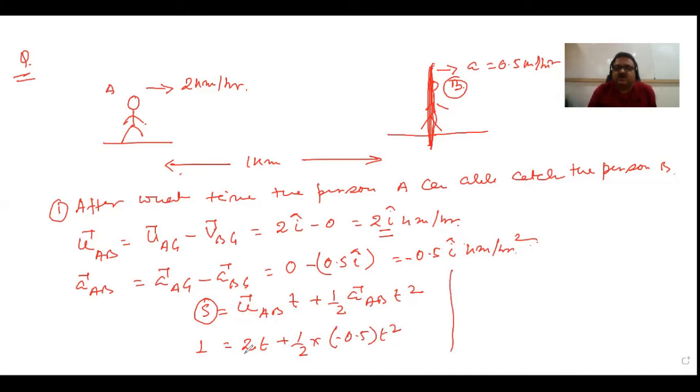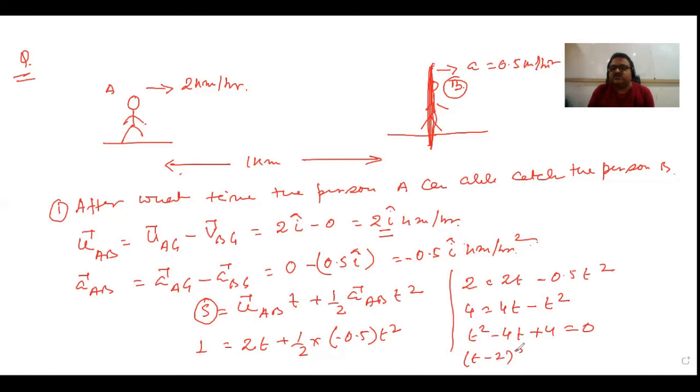Okay, now watch it carefully. If I simplify the result, it will come like this: 2 equal to 2T minus 0.5 T square. Let's write it in this way. Make 0.5 as 2, multiply 2 on both sides. It is 4T minus T square. T square minus 4T plus 4 equal to 0. So what is that? T minus 2 whole square equal to 0. That means T equal to 2 seconds.